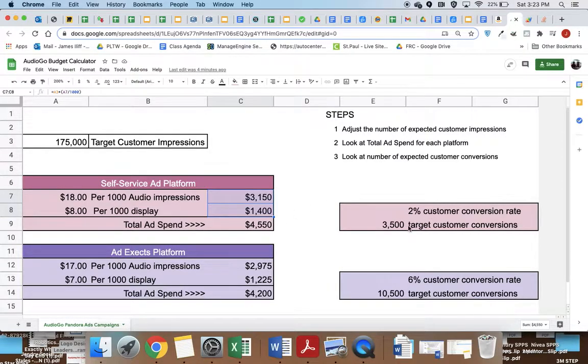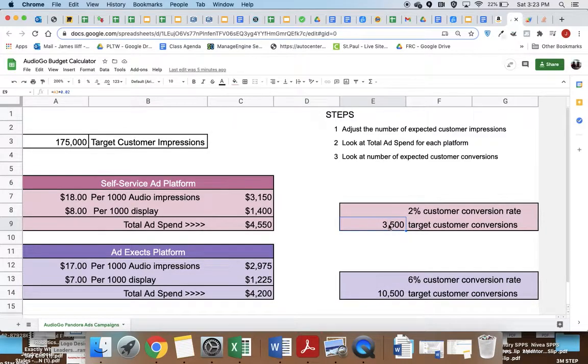Now, if we look over here, remember that for our self-service platform, the conversion rate is on average 2%. So 2% of these impressions are actually going to convert. And so 2% of this is 3,500. So 3,500 people are going to click the link and go to Amazon.